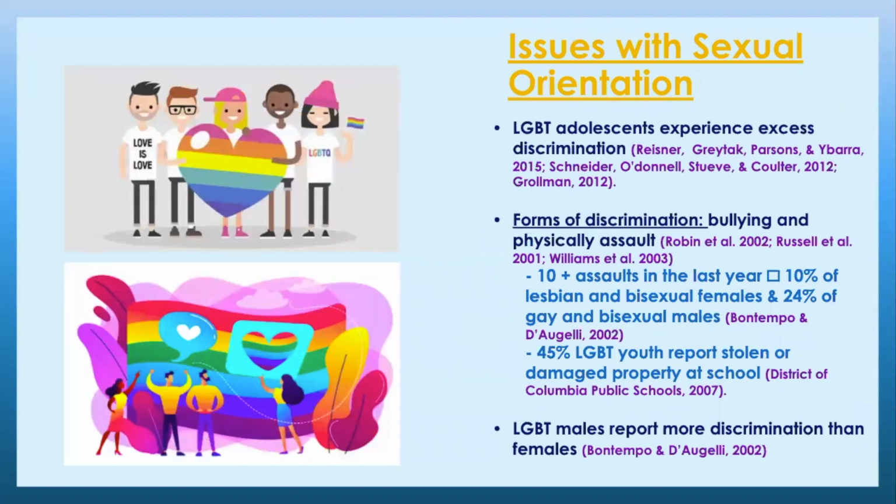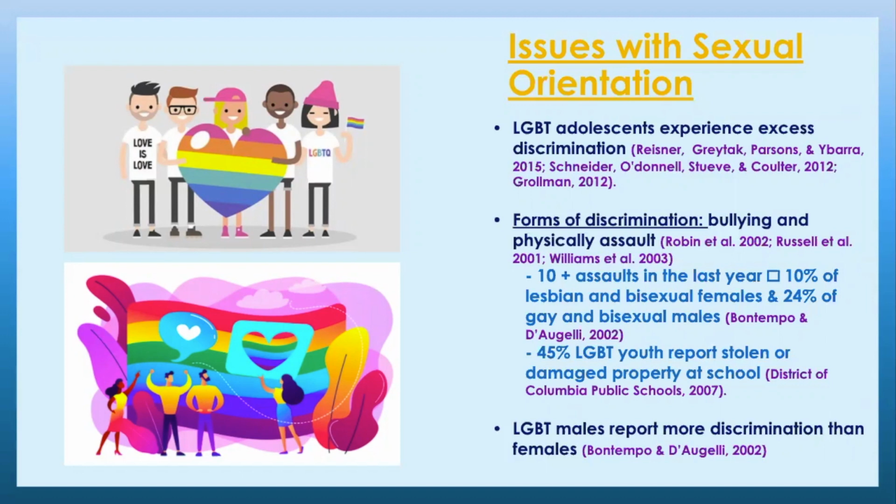Issues with sexual orientation. LGBT adolescents experience excess discrimination and victimization related to their sexual minority statuses compared to their heterosexual counterparts. LGBT youth report being bullied and physically assaulted as forms of discrimination.